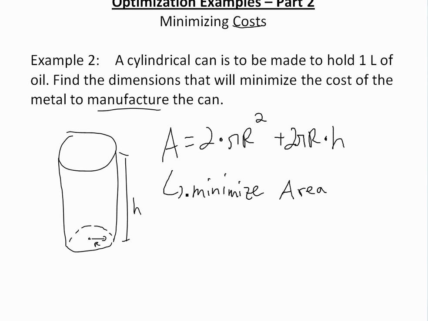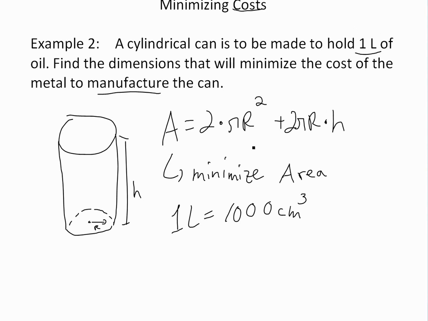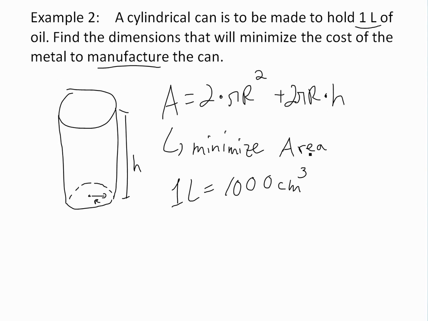But to do that, first we want to get rid of the h, so we're only dealing with r. We know the cylindrical can is made to hold 1 liter, and 1 liter is equal to 1,000 centimeters cubed. We'll work in centimeters so we get the dimensions of r and h in centimeters.